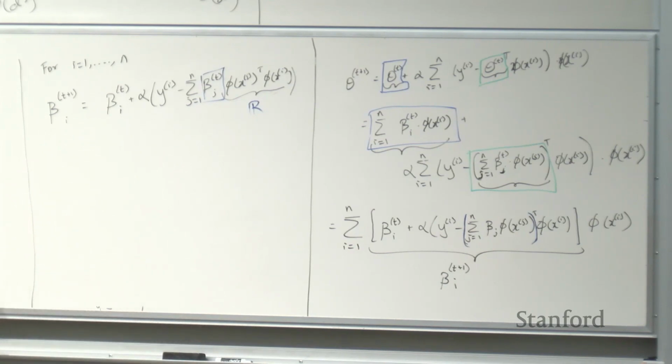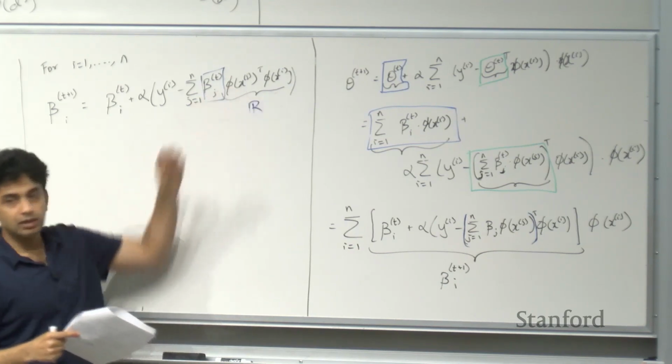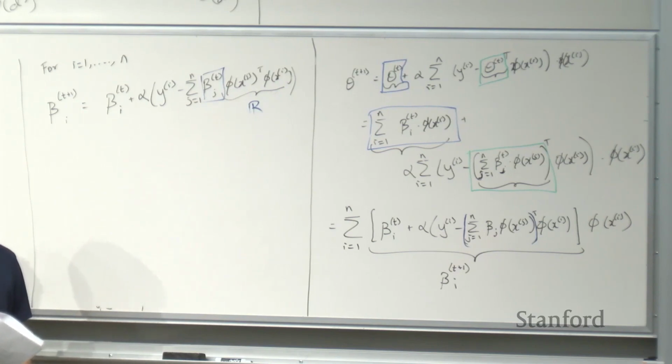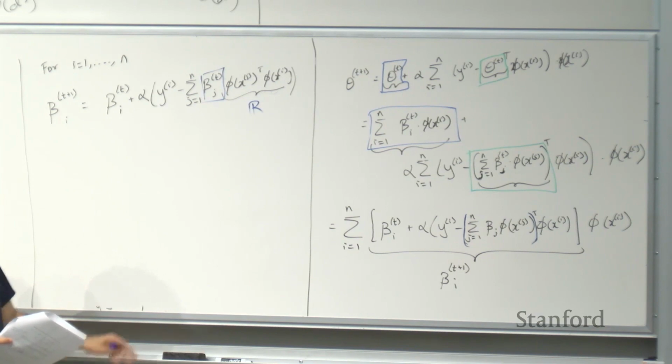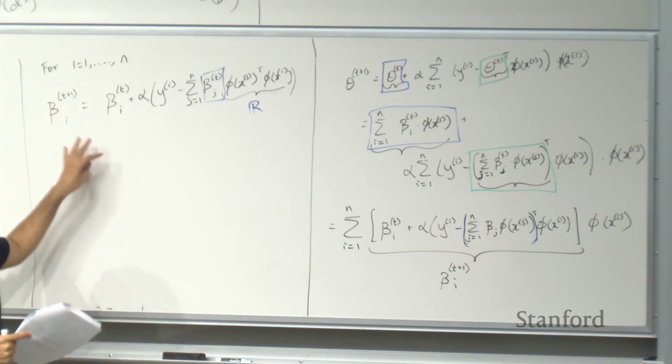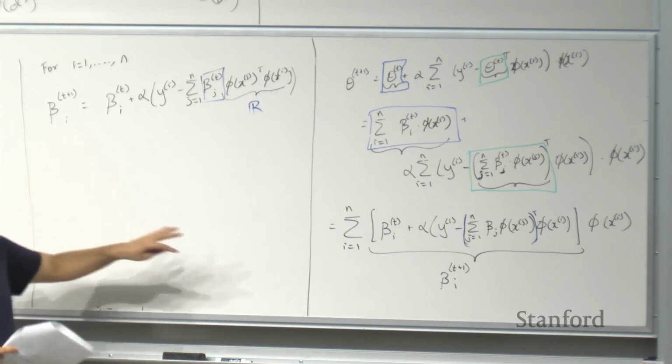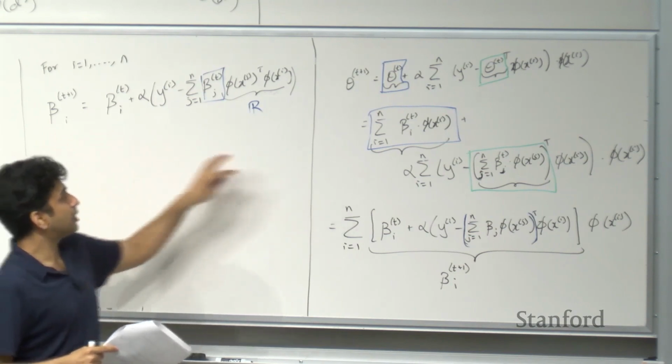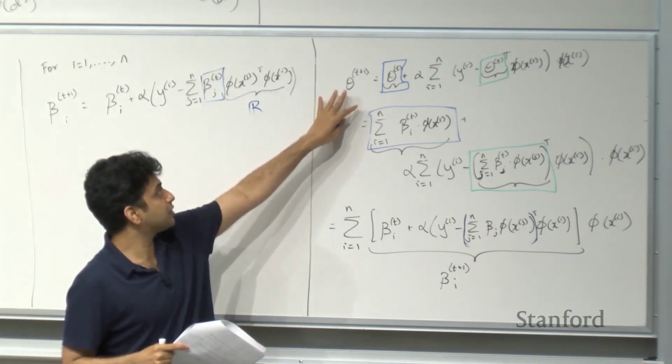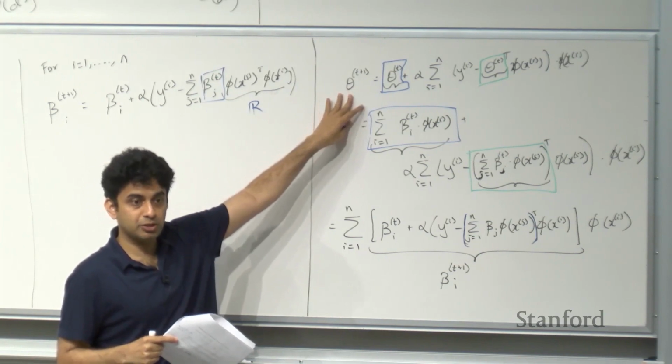However, now the question is what if this is infinite dimensional? We got a way in which we can represent our parameters by replacing them with coefficients, because theta in a high dimensional feature space would also have been high dimensional.